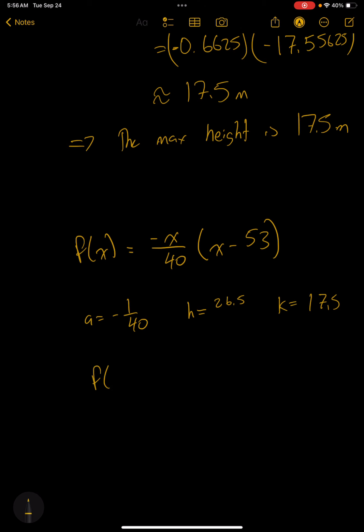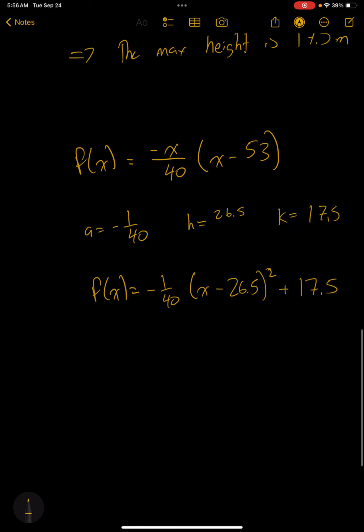So f of x equals negative 1 over 40 times (x minus 26.5) squared, that's h, plus 17.5. Now, how do I shift it more?